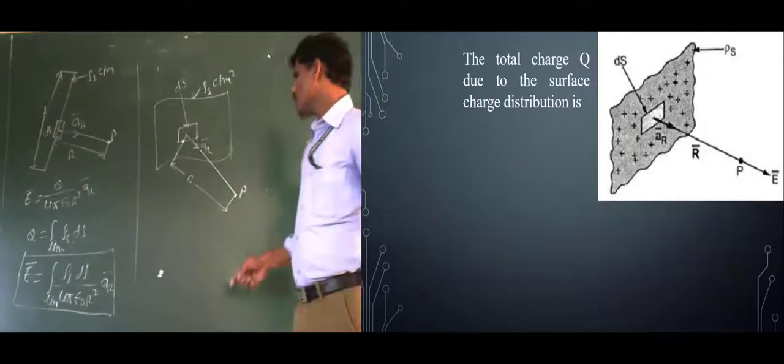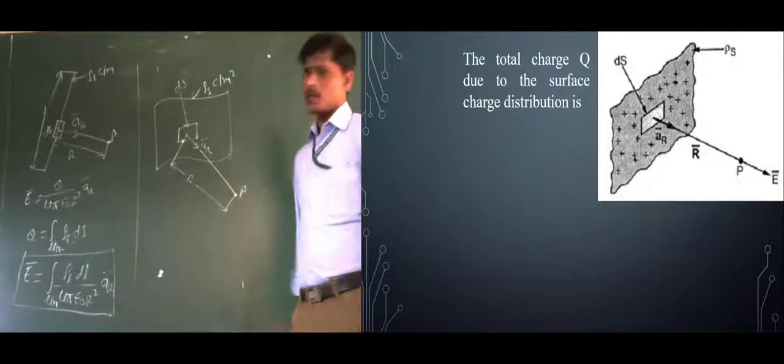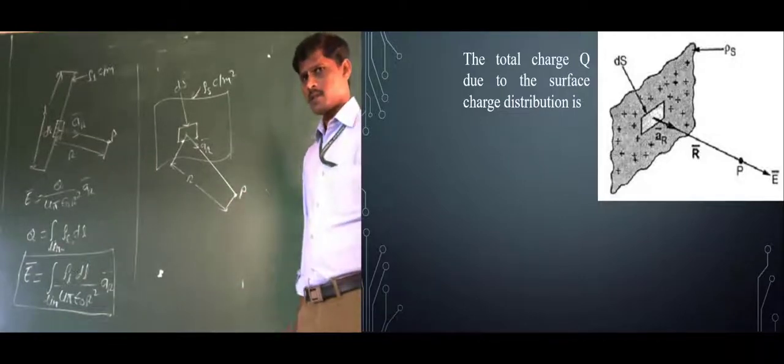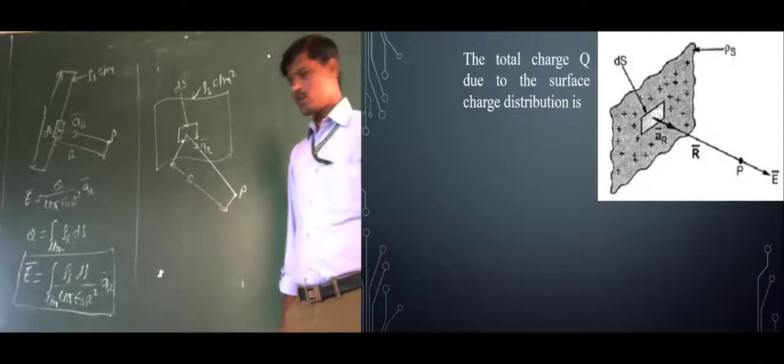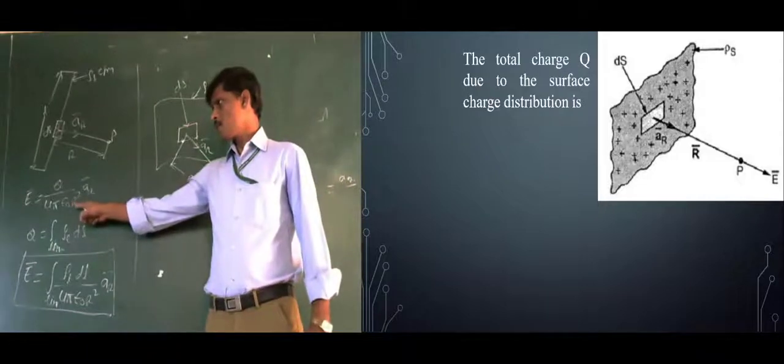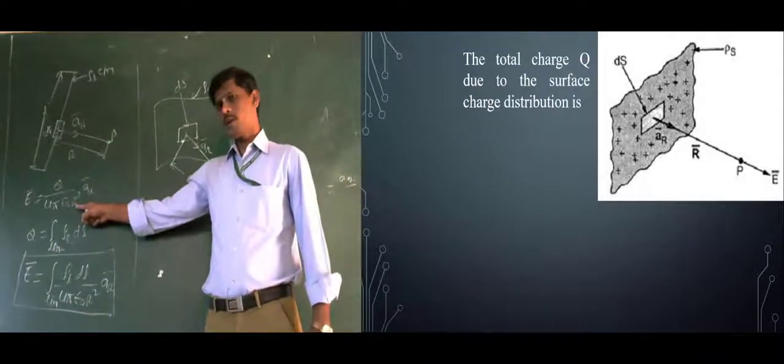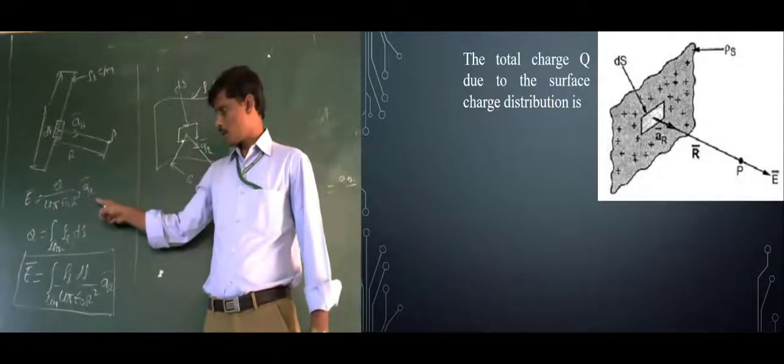What is the electric field intensity at point P due to the charge distribution? E bar is equal to Q by 4 pi epsilon naught R square into AR bar.